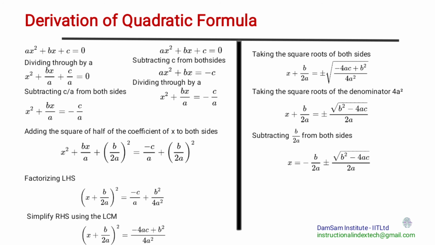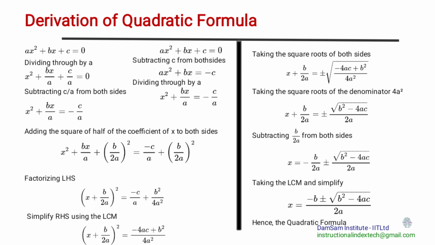At the right hand side, we take the LCM, which is 2a, and simplify to get x is equal to minus b plus or minus root of b squared minus 4ac, all over 2a. This is how we come about the quadratic formula.